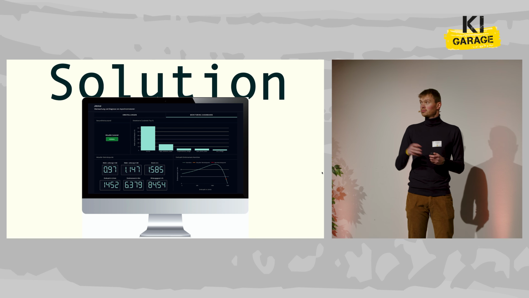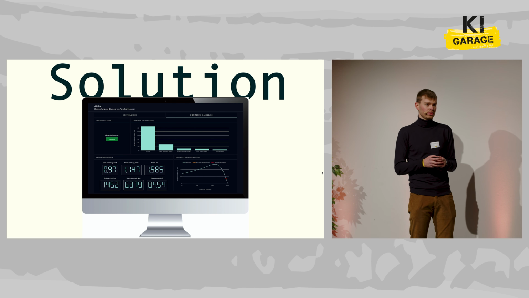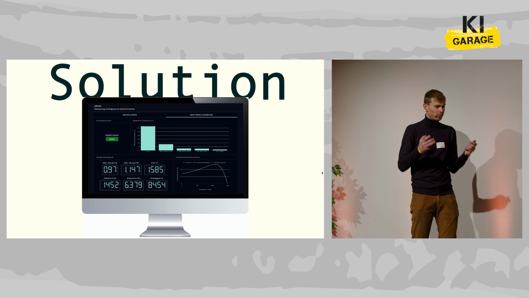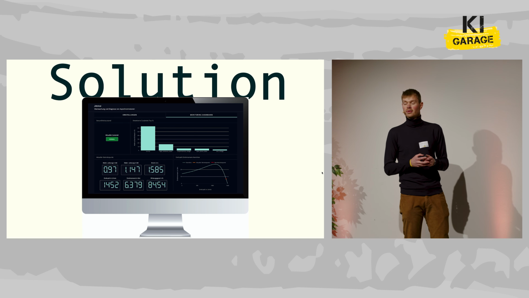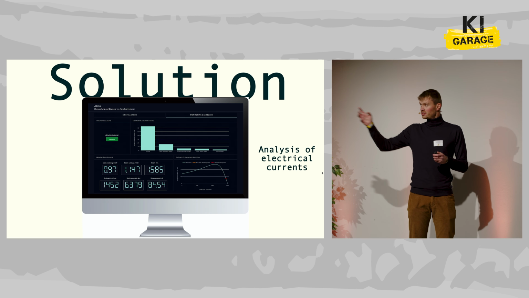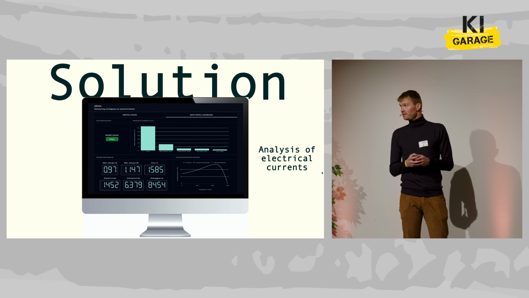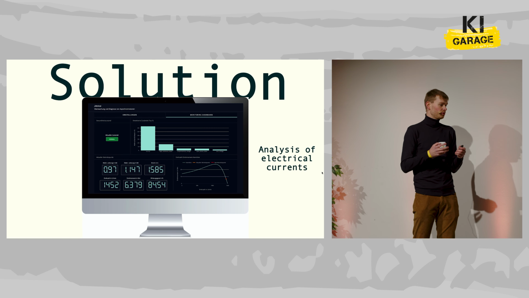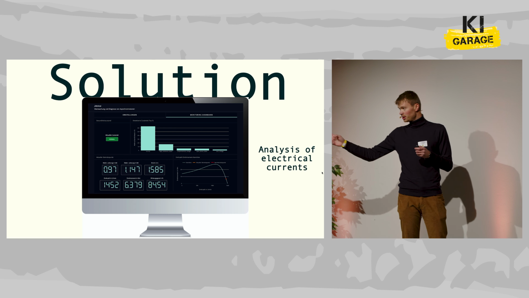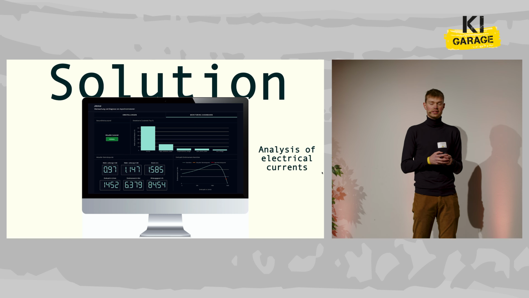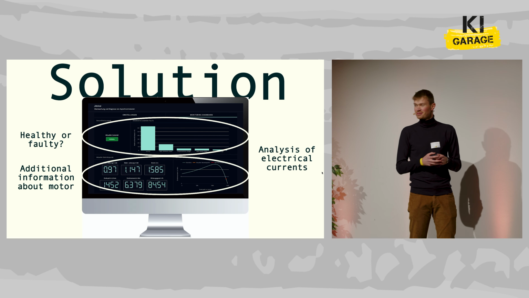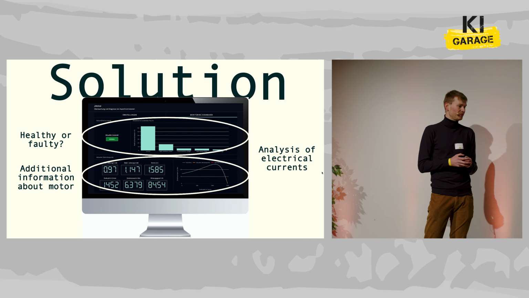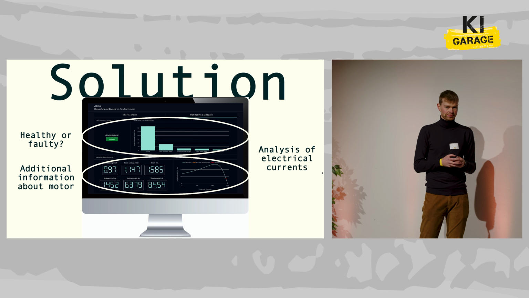So on the upper half of the dashboard, you can see the main thing of it. So is the motor okay or is it not okay? So this is the main point, the button on the left. And the other point is you could also see some additional information on the upper half of the slide, which you can use for speed, current, and so on for some additional analysis if you want to.